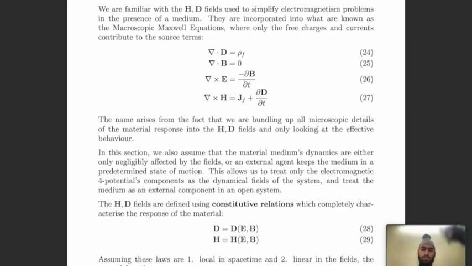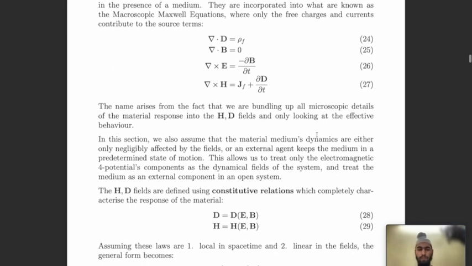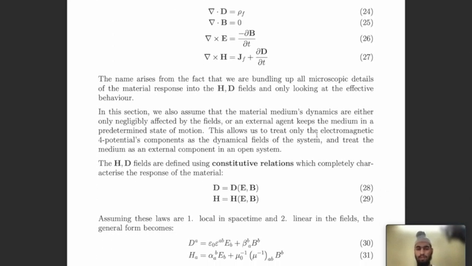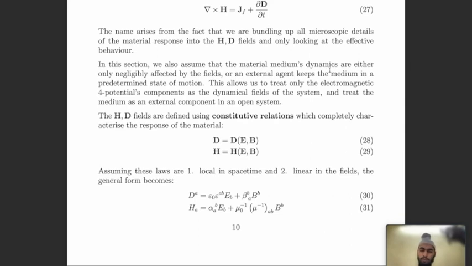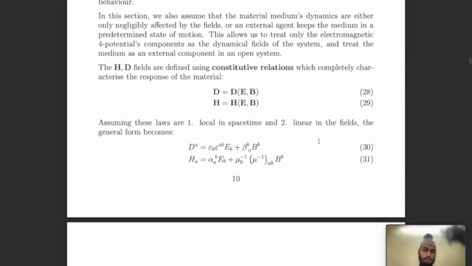This is quite useful because generally the microscopic variation is a very complicated function, but can be written very simply in terms of these D and H fields. In general, these fields are defined using certain constitutive relations, which depend on the material, and these completely characterize the response of the material as well. So for the purpose of this paper, we assume that these constitutive relations are firstly local in space-time and secondly linear in the fields.